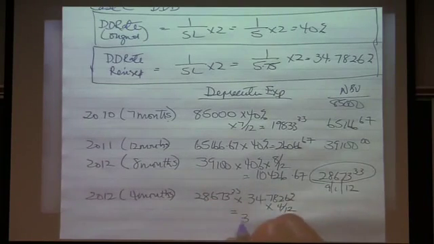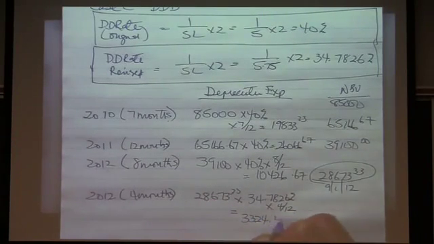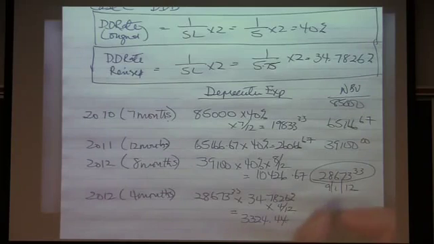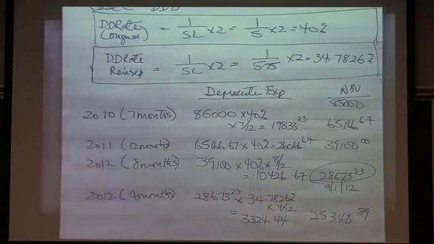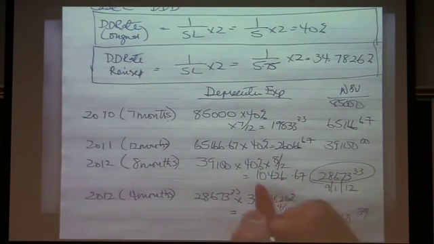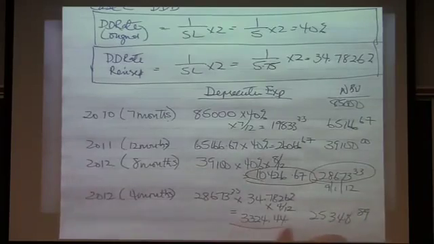Is 3,324.44. And that gives us a net book value of 25,348.89. So really, for 2012, the amortization expense that you're going to record is the sum of these two.